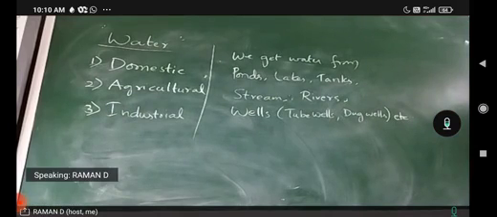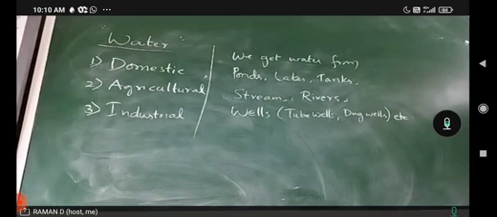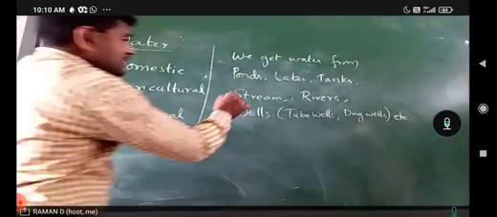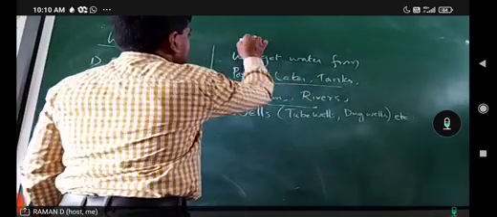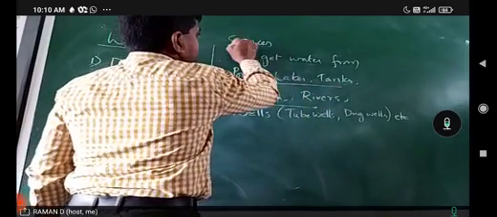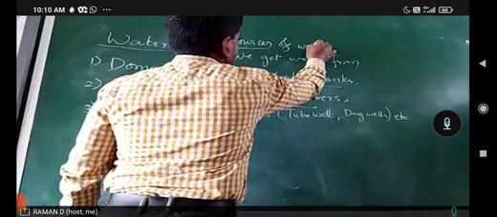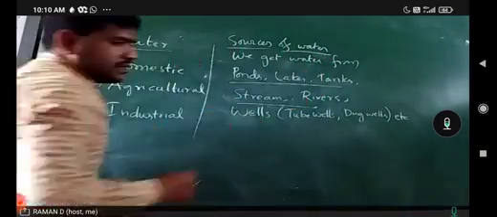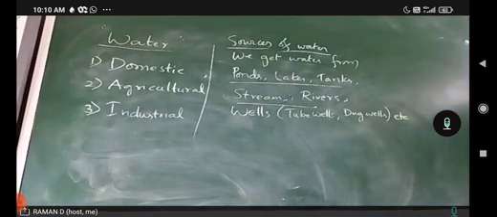These many things. But where does the water come from to fill all these sources? So our sources of water are ponds, lakes, tanks, streams, rivers, wells, etc. These are the sources of water, right? And how are these sources of water getting filled up?